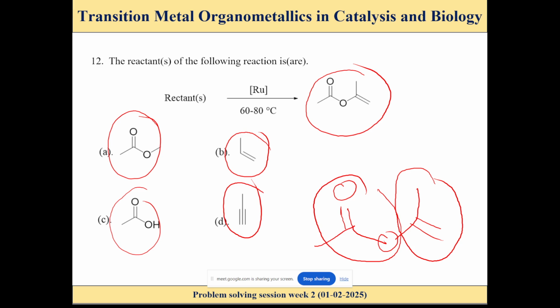Now see this skeleton carbon atom. So this has 1, 2, 3, 4, 5, 5 carbon atoms, a 5 carbon system.